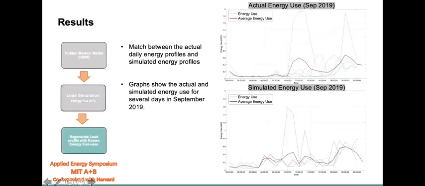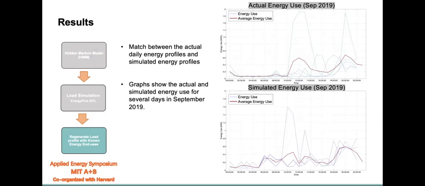From this slide on, we will review the results of applying our method on parts of the mentioned data set. The diagram at the top is showing the actual energy use for several days in September 2019, while the bottom one is showing the simulated energy use using the activity chains extracted from the hidden Markov model.